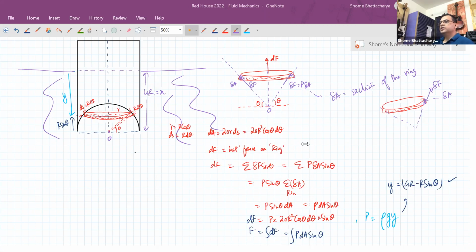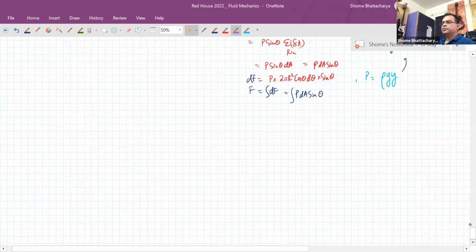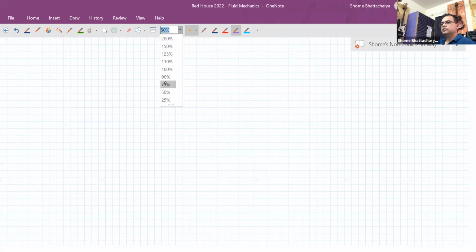Okay, so try out this integration later when you are doing a revision of today's lecture. I want to move ahead and just quickly discuss floating objects before we conclude today's lecture.